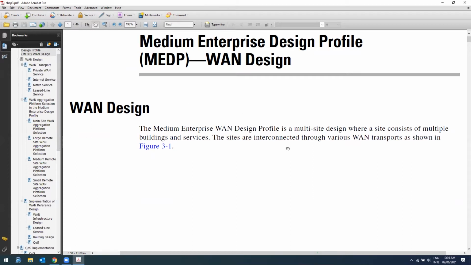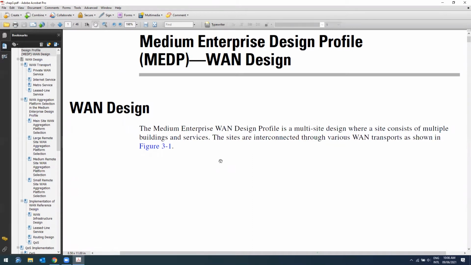So the WAN design, if you have read chapter 2, that was on the LAN design. Okay, the aspects you needed to design a proper LAN. When your LAN, your local area network, is done, then now you can go in with planning your WAN, right?